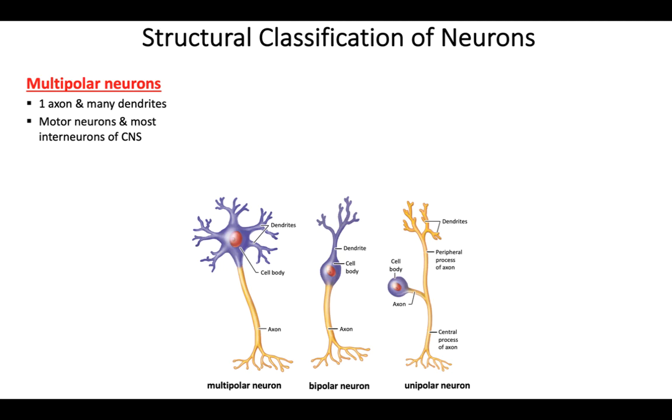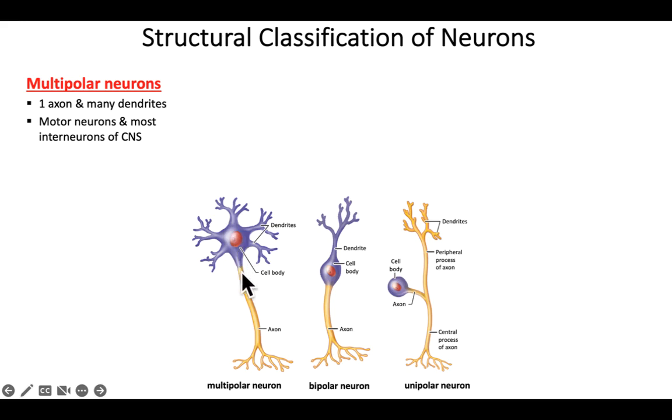There are structural categories for neurons. They don't all look the same. And they're classified based on how many things stick off of the cell body. All right, so you'll notice these are the three basic structures. You have multipolar, so multi means many. So if you look at the cell body, you have many dendrites sticking off the cell body.